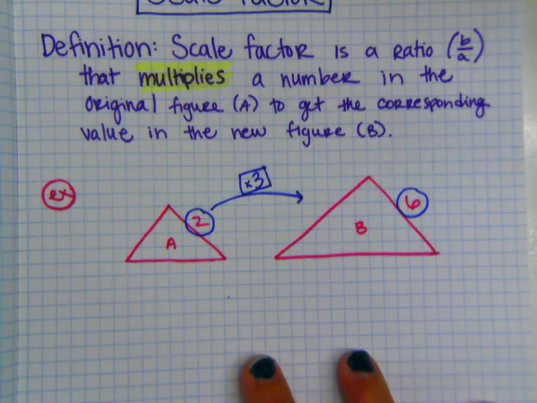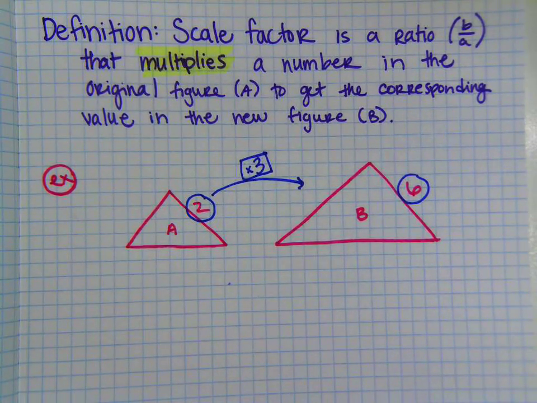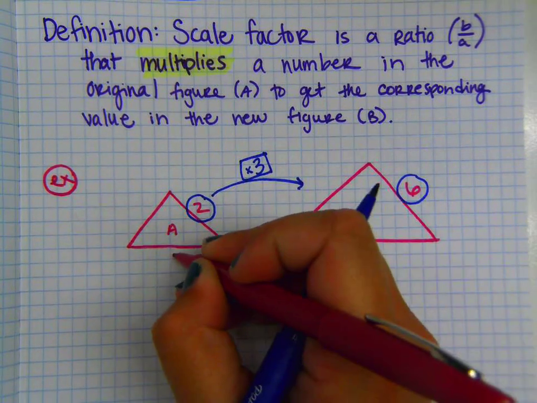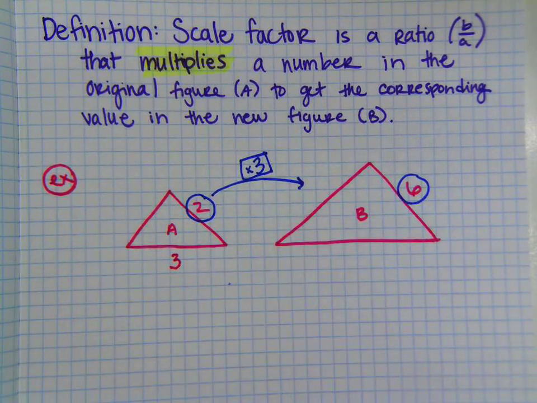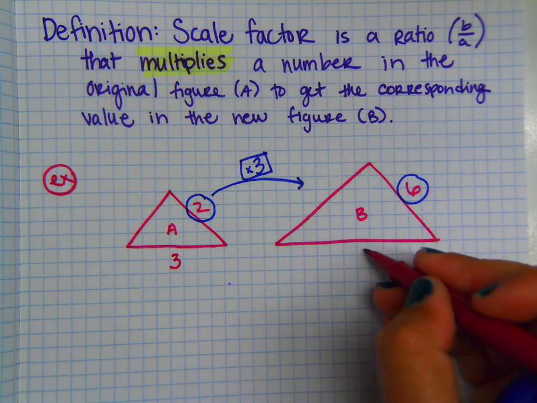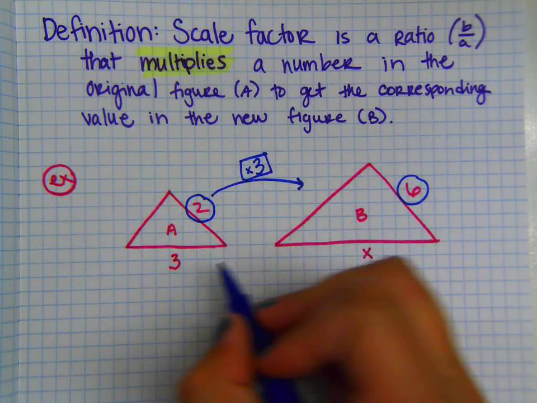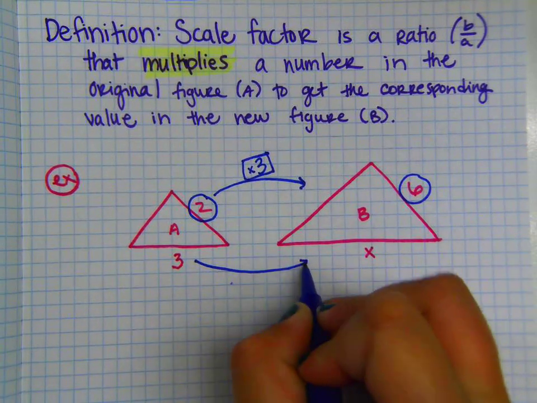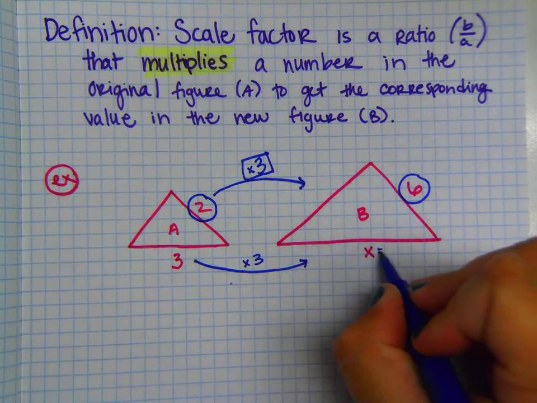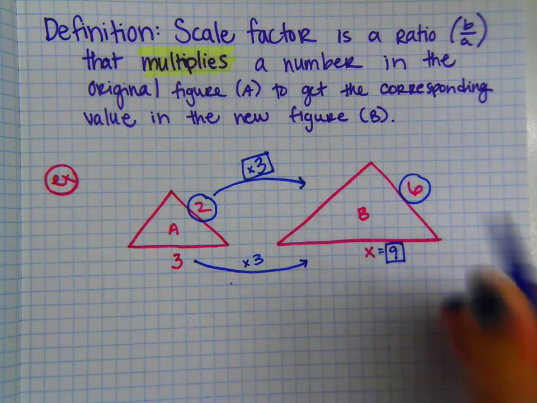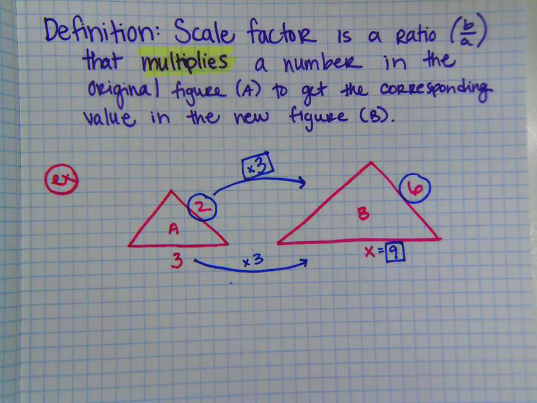So if I put some more values in this one, like let's say I put a 3 here, go ahead and see if you can figure out what that value would be. Well, you take the 3, you multiply it by 3, and you're going to get 9. So that's how you use the scale factor.